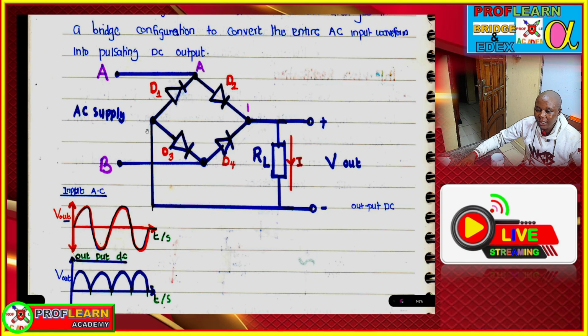Now that current is not going to go through this because at that given point D3 is in reverse biased. So current will flow through D1 back to point A. When A is positive, current will pass D2, go through the resistor, go back through D3, then back that way.